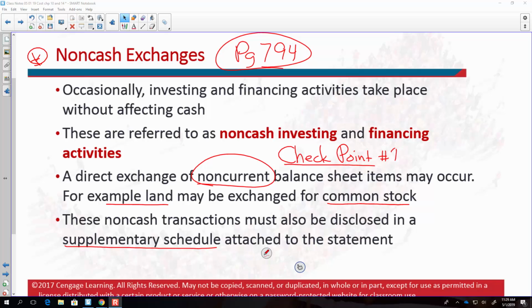Question number 1, why is the cash flow statement important to have? And it talks about in that checkpoint, question 1, the answer, it's really used to determine how much cash our operations are generating.